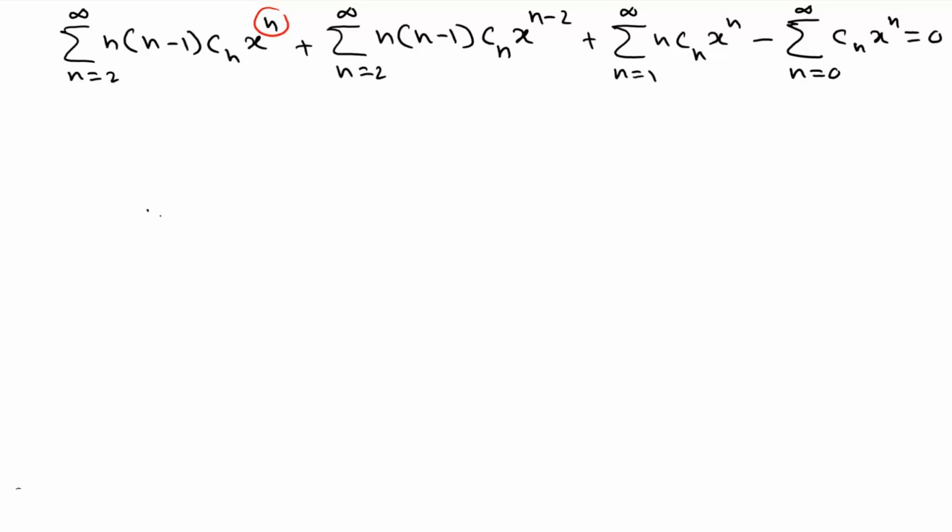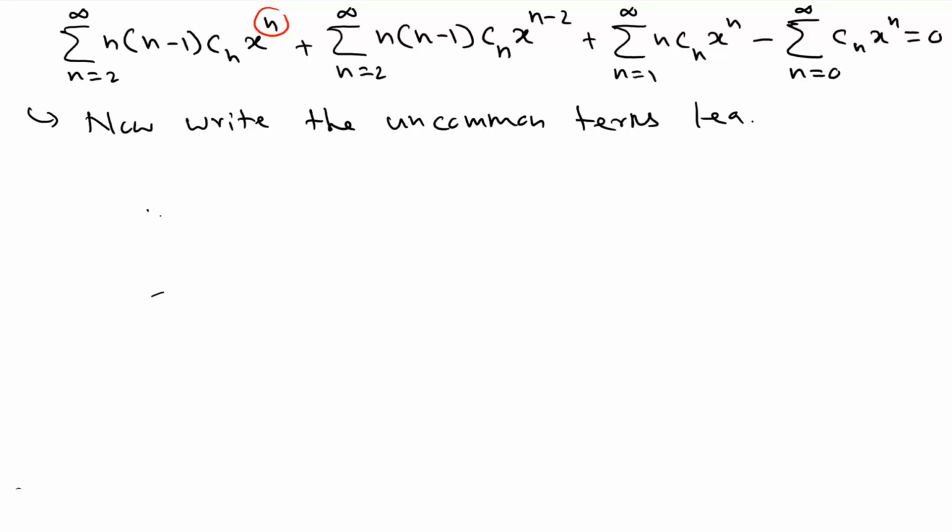Now we can check what's going to happen in each case. What we normally do is write the uncommon terms outside, leaving the common terms inside the summations.